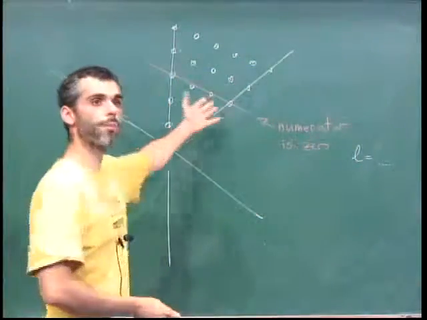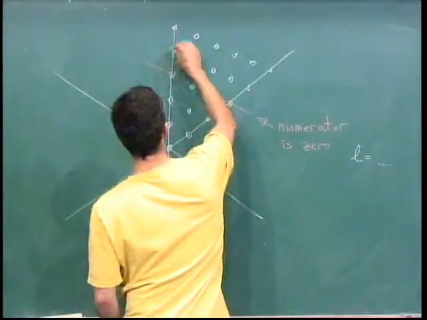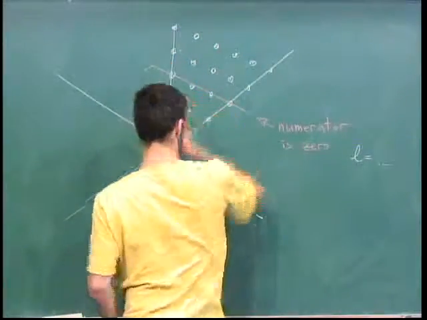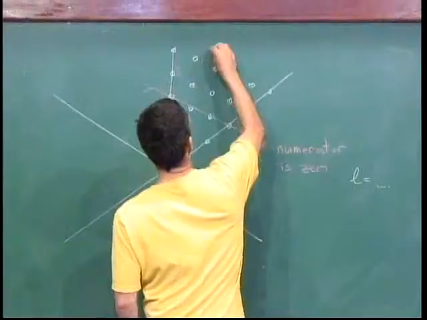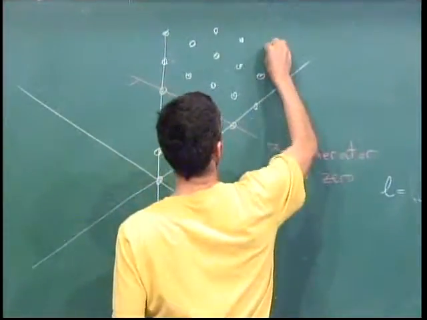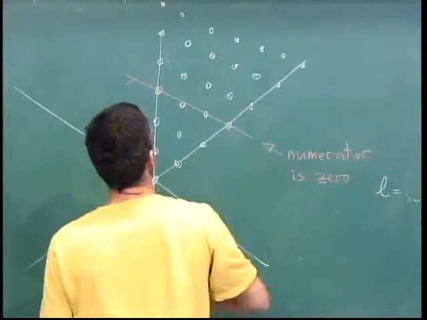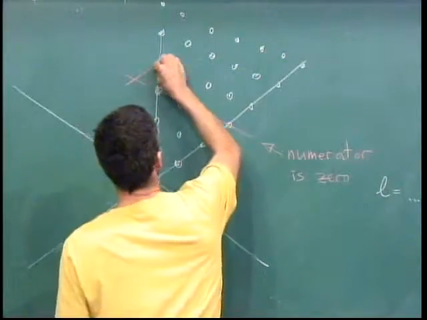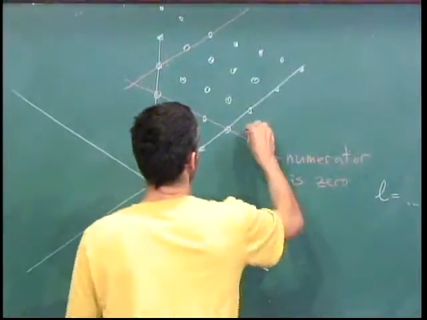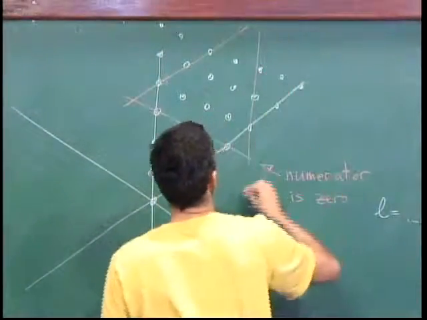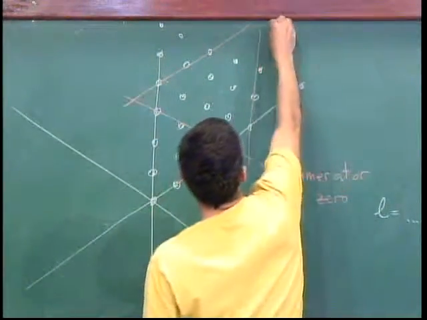And then there are other places where the numerator is 0. Here. And then it continues.